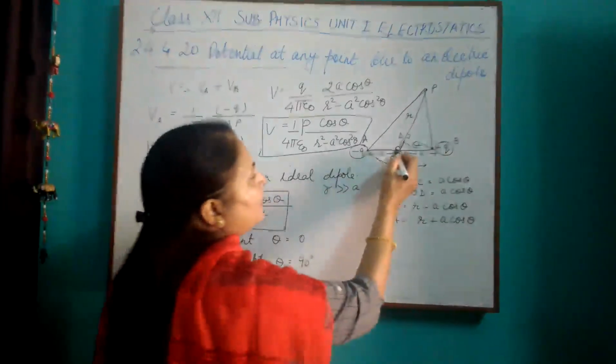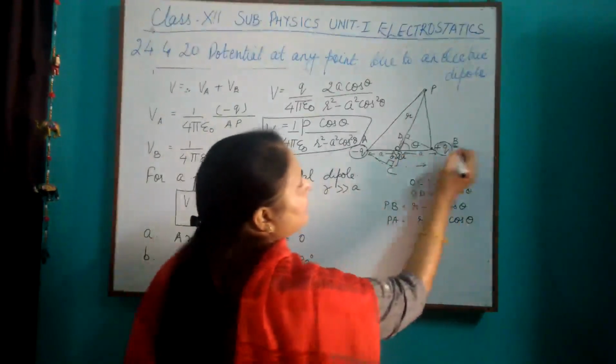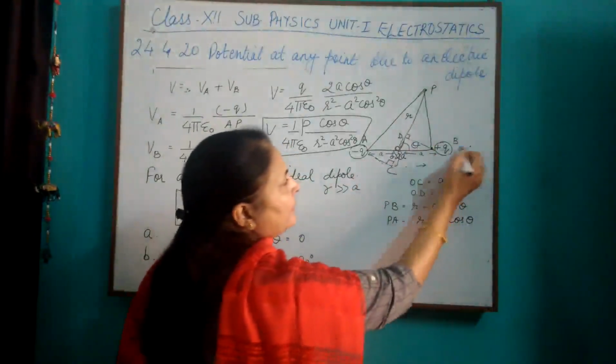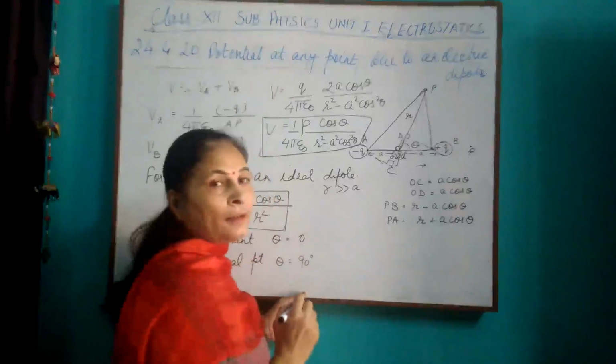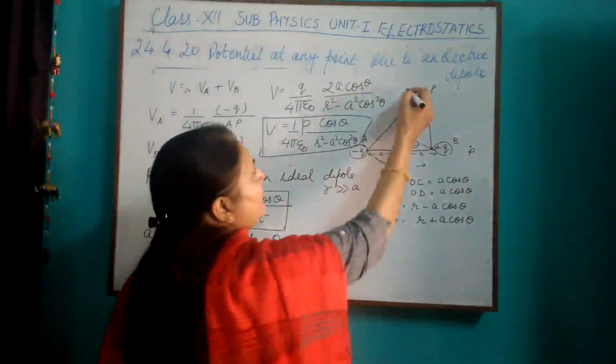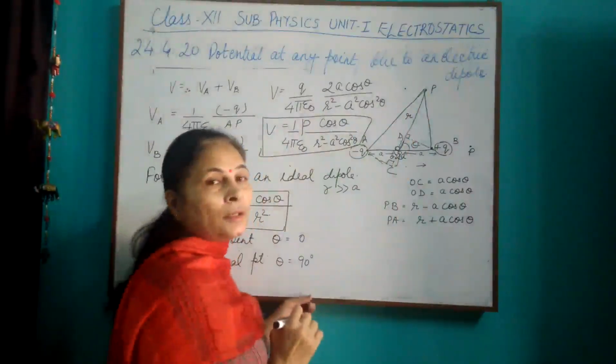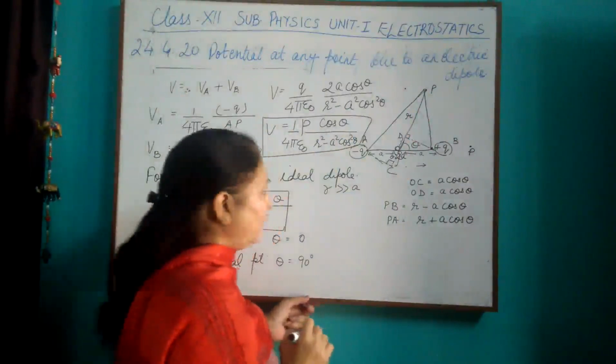You can see if it is an axial point like this, then theta will be 0. If the point P is here, angle theta will be 0, and if point P becomes an equatorial point, theta will become 90 degree.